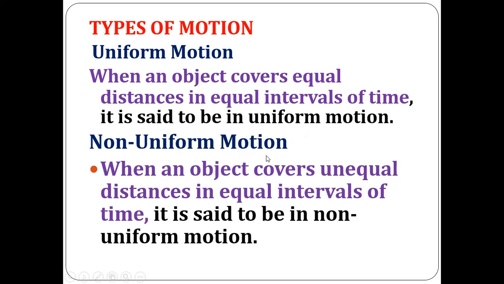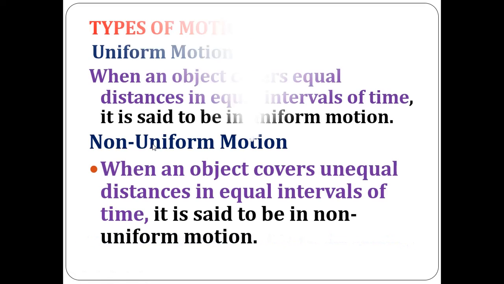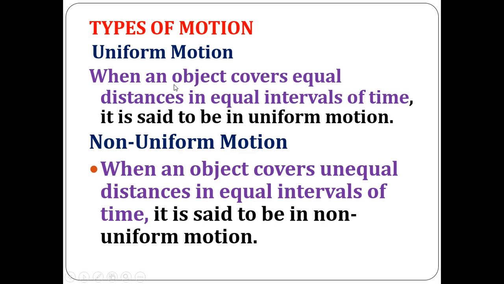What is meant by non-uniform motion? When an object covers unequal distance in equal intervals of time, it is said to be in non-uniform motion. Uniform means equal, as everyone wears a uniform in the same manner. Here also, if an object covers equal distance in equal intervals of time, it is uniform motion.